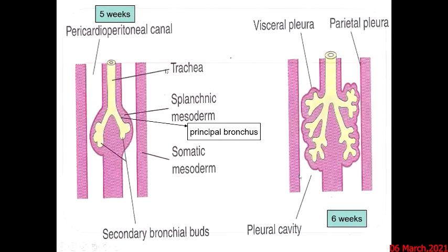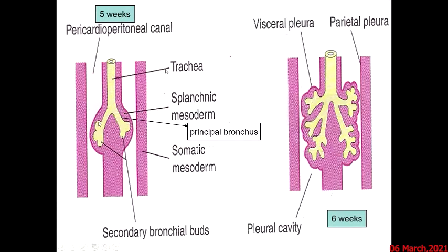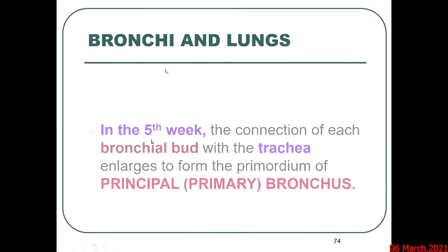As I have shown, first the principal or primary bronchus, and then three for the right lung and two for the left lung, the secondary bronchial buds or secondary bronchi. And then they will divide. So this is about the bronchial tree.